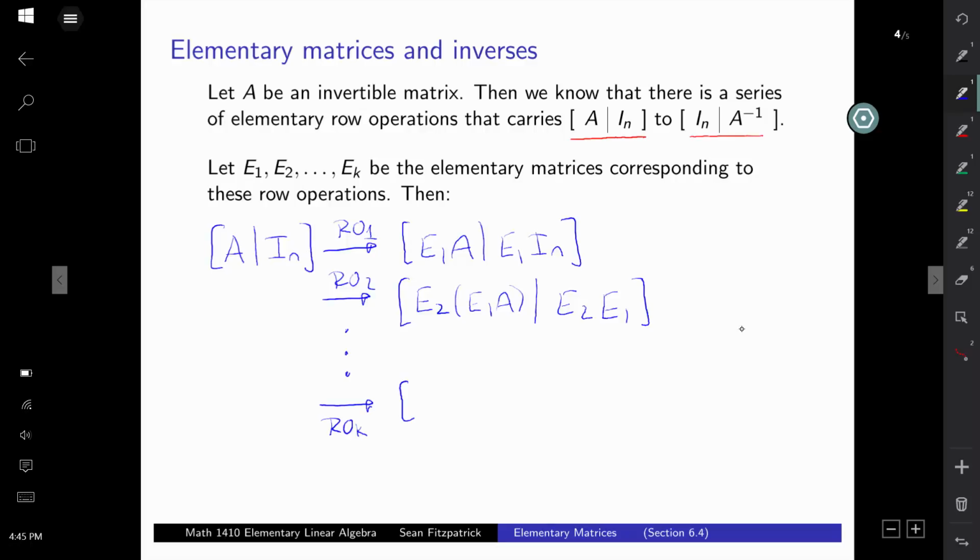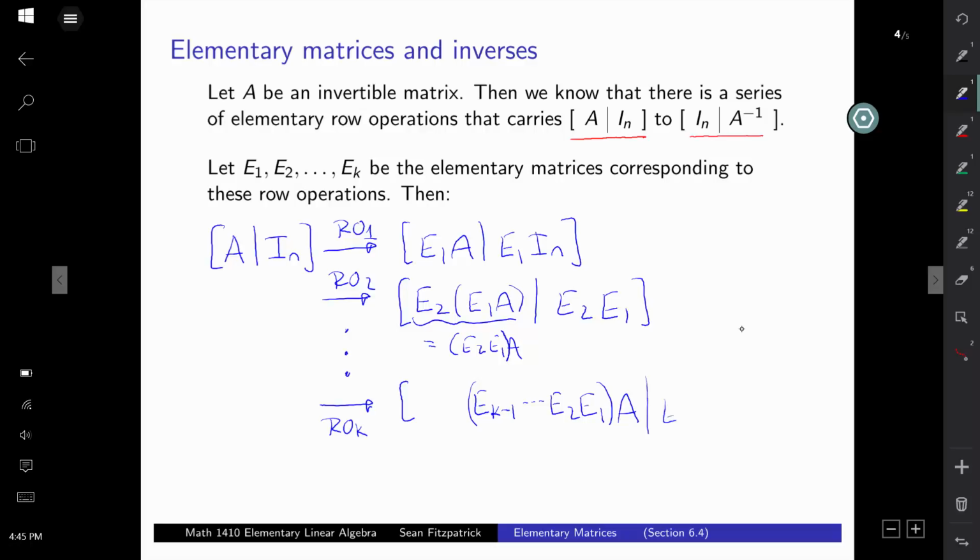Okay, so at this point we've done E K minus 1, down to E2, E1, right? We've already done these other row operations and we've got down to here. Notice that this guy here, I could write as E K minus 1 down to E2, E1 times A if I wanted to. Okay, I could move my brackets.